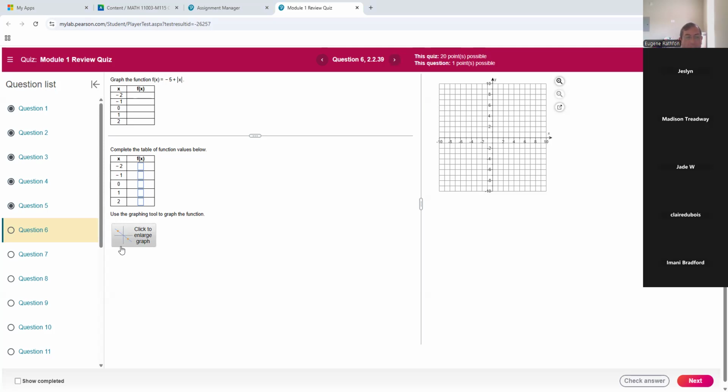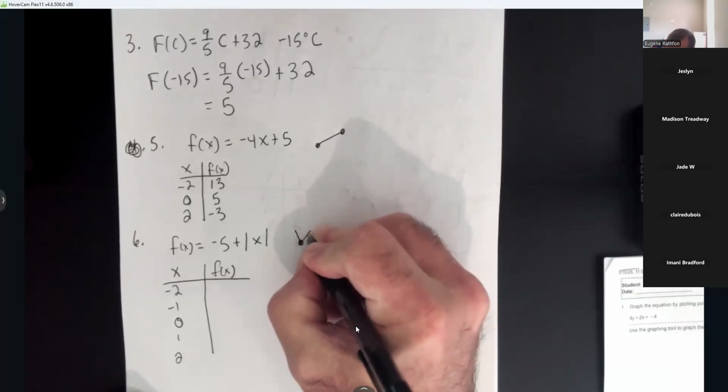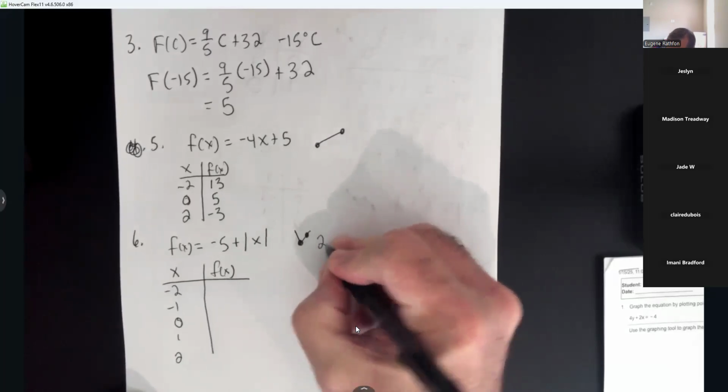So they want me to find all the y values, or the f of x values, and then plot this graph. Now, y'all, when I graph this one, absolute value is a 2-point absolute value tool.